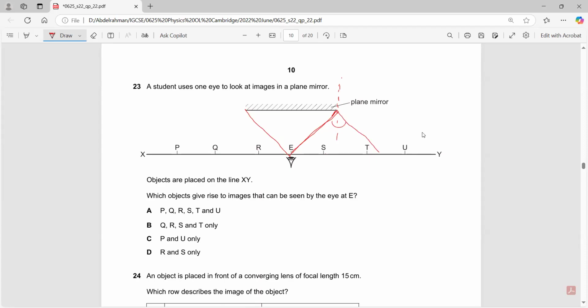You'd find that the reflected rays would just cross T, for example, and on the other side, the reflected ray would just cross Q. So basically, you can see Q, R, S, and T, but you cannot see P or U.